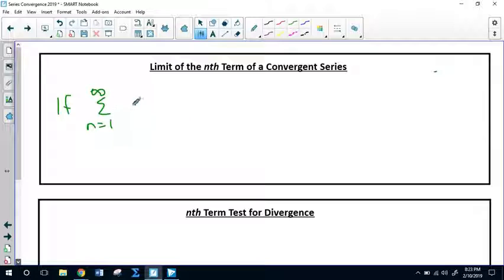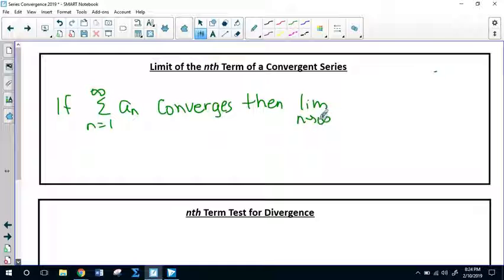So if the series, just call it a sub n, goes from 1 to infinity, if this thing converges, then the limit as n approaches infinity of just the a sub n portion of the problem will equal 0. So the stuff after the summation notation, that limit will equal 0. So if you know it converges, and I keep saying that because it's a big deal, then the limit will equal 0. Okay.